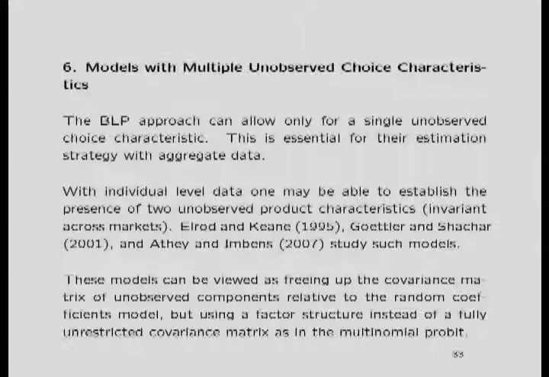Okay, and this partly relates to the next thing, where I want to talk a little bit about allowing for multiple unobserved choice characteristics. Because Berry, Levinsohn, and Pakes uses only aggregate data, it's very important for them that it's just a single unobserved choice characteristic, because they need to feed it through the single observation for each market, namely the market share.